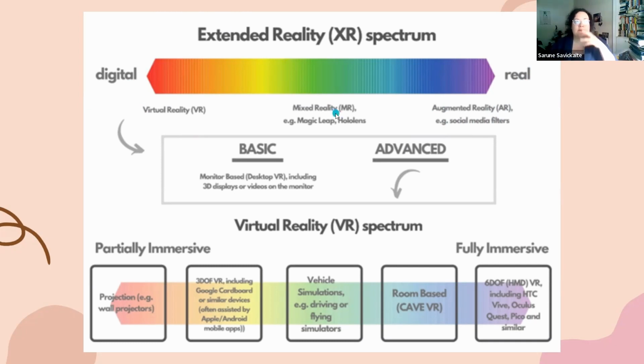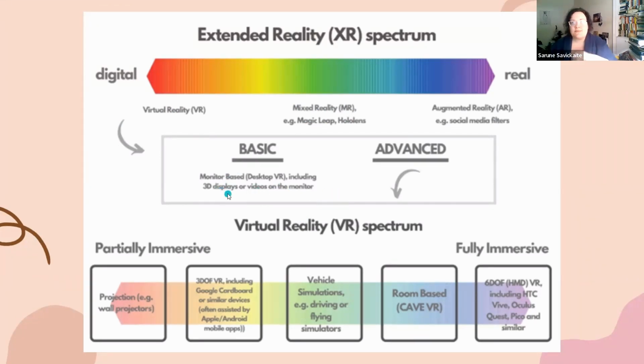And then of course we have something in between, with Magic Leap and HoloLens, mixed reality, which perhaps is not used as much anymore, at least in research, but it's just as exciting as the other two ends of the spectrum. But if you take virtual reality on its own and forget the augmented reality, mixed reality, and other types of extended reality, then for the lack of a better term, we termed it basic virtual reality.